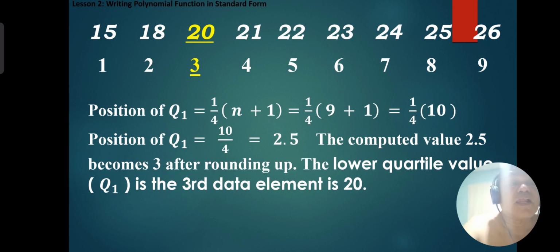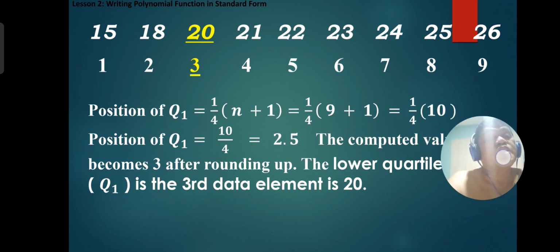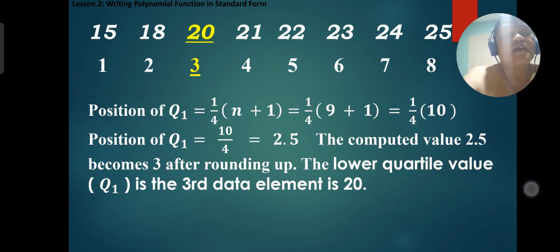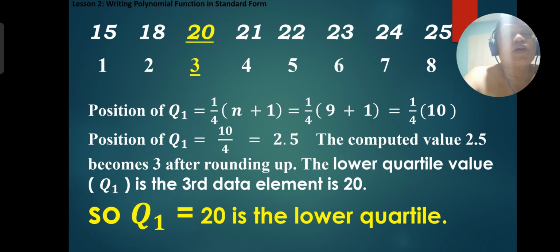The value of quartile 1 is the third data element, which is 20. So quartile 1 is equal to 20, the lower quartile, in the third position.